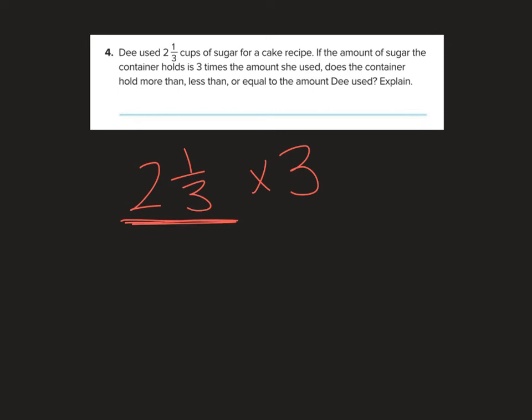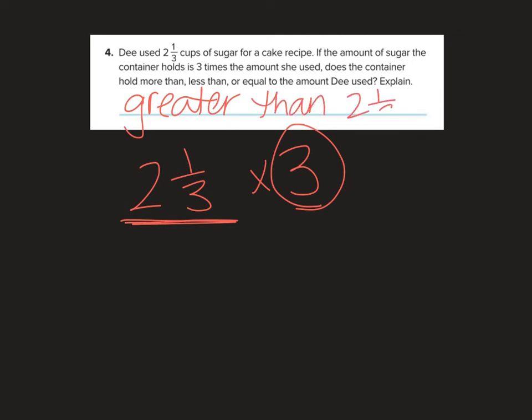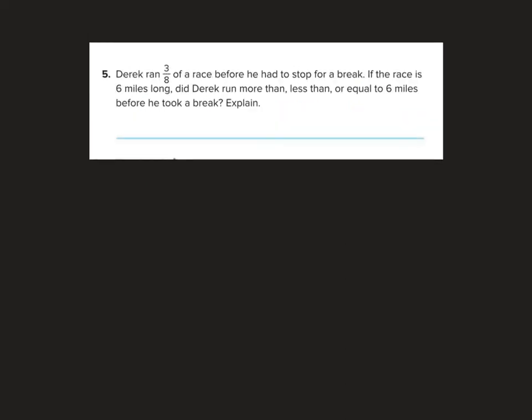If I'm going to multiply that number by 3, which is bigger than 1, then I know it's going to be greater than 2 1/3, which is what she used. Because 3 is greater than 1. And if we're multiplying any number by a number that's bigger than 1, it's going to be bigger than that number. If I multiply it by a number smaller than 1, it's going to be smaller than that number.